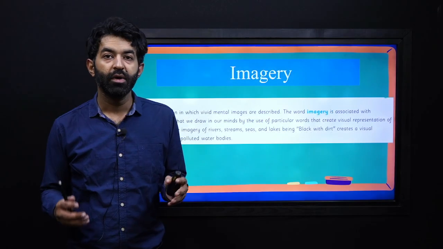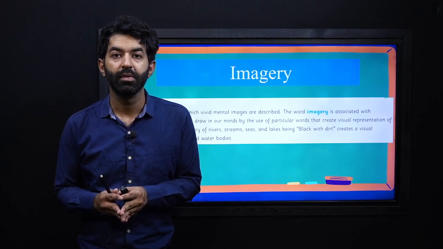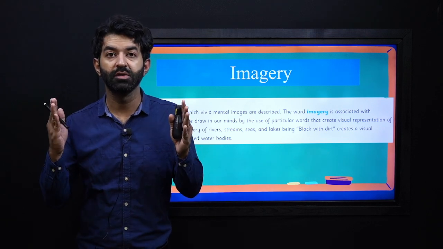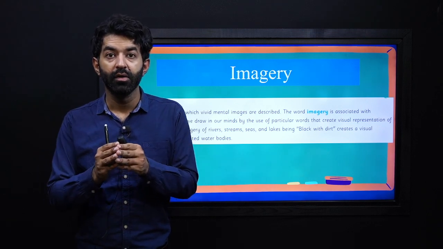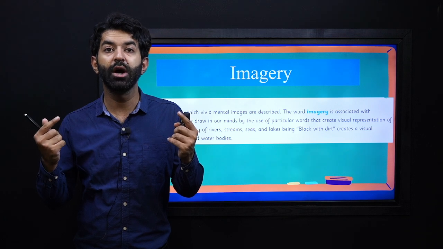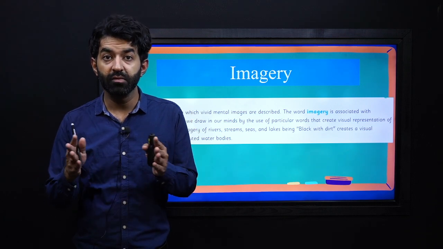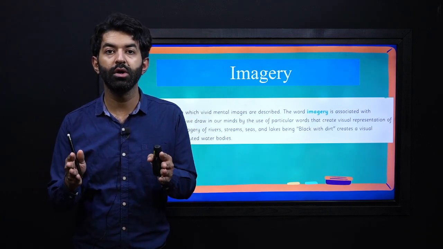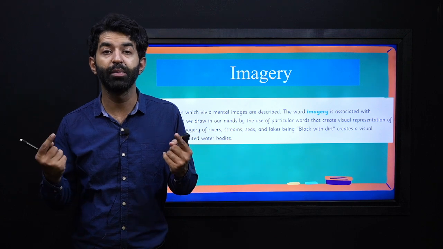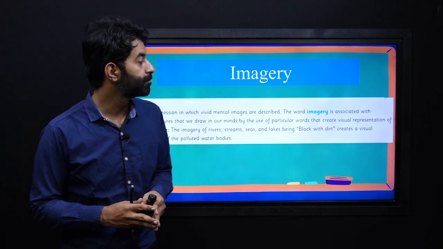Now, when we are talking about imagery, what comes in your mind? Images, pictures. It means that there would be a line, if you read it, then some pictures should emerge in your mind. And in this way, we can say that the poet or the writer used imagery because it invoked a picture in the mind of the reader.